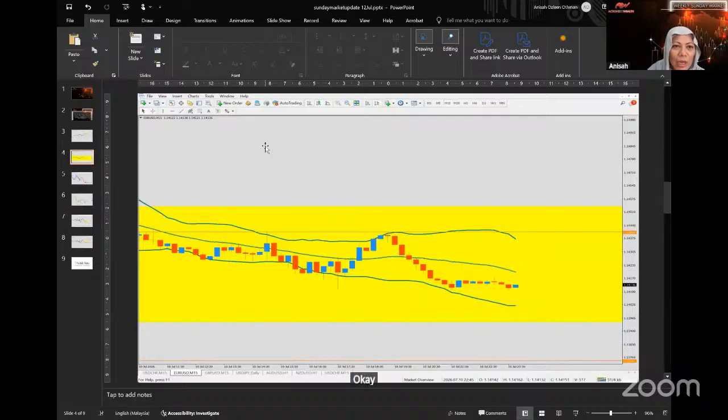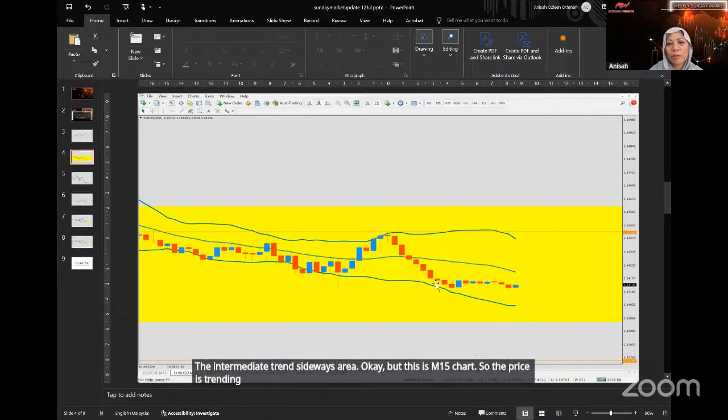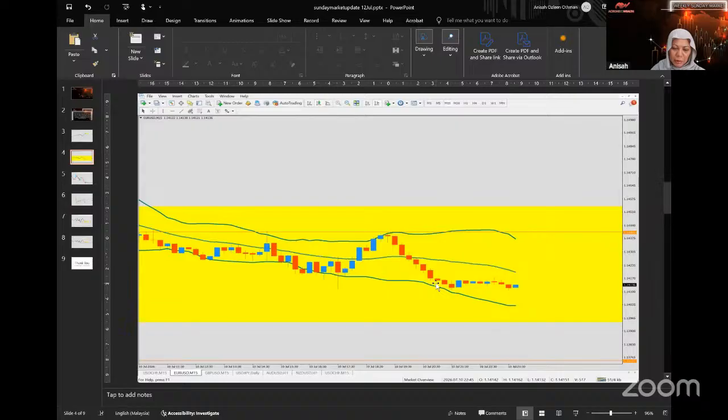You are looking at euro dollar now. The yellow box marks the intermediate trend sideways area. But this is the M15 chart, so the price is trending in a sort of narrow downtrend. Euro dollar's major trend is down.